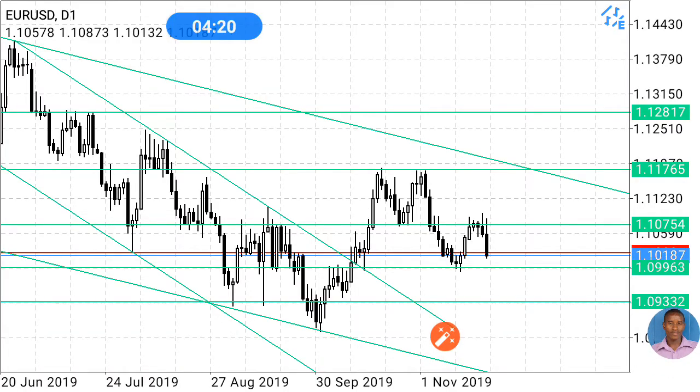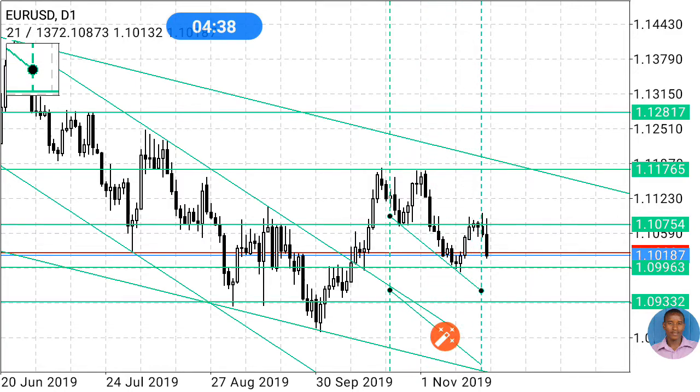As you can see, there's something which is almost similar. It's like an equidistant trend or pattern which is forming from this point. Let me draw it. We have this point joining this one.